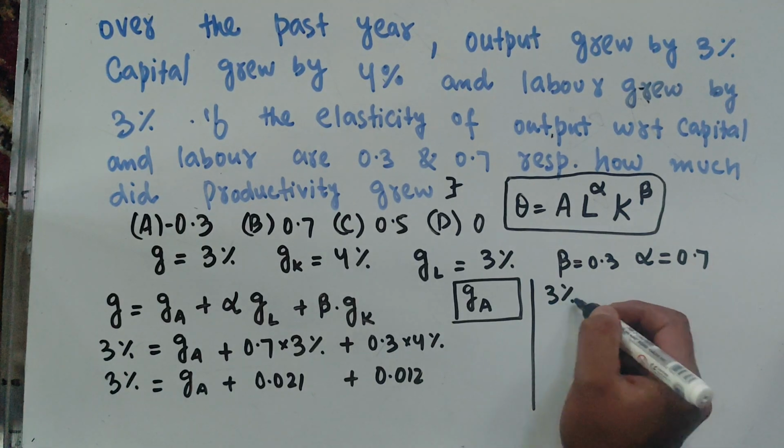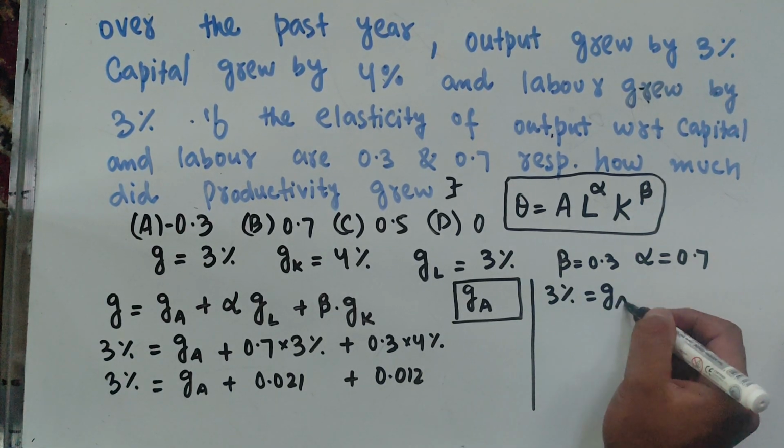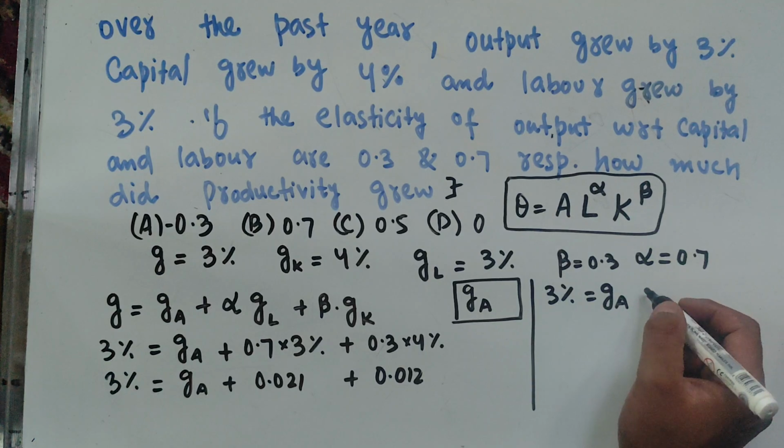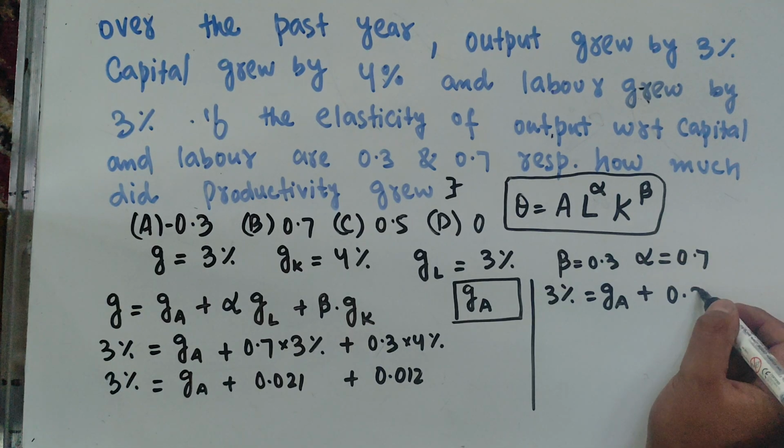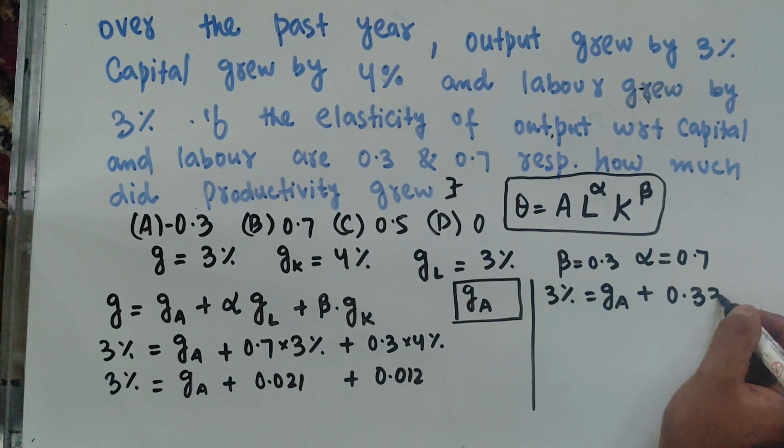So we have 3% is equal to growth rate of total factor productivity plus 0.033.